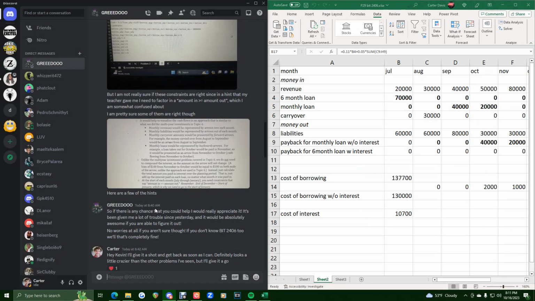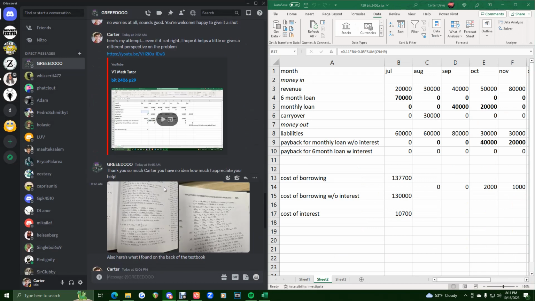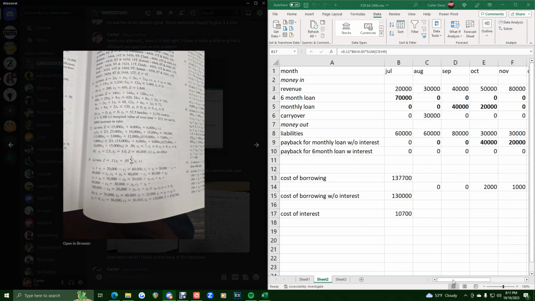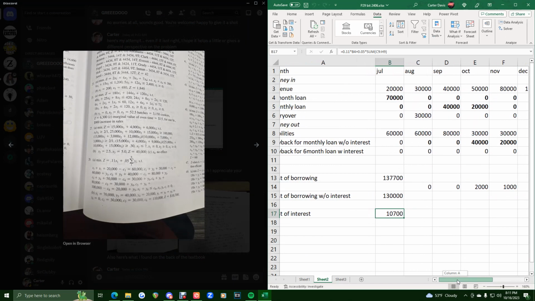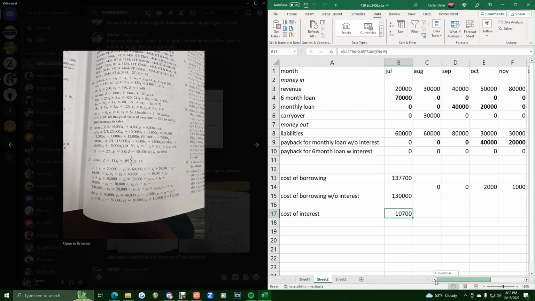So let's check this out and talk about how it matches up here. I started figuring out what they meant by X1 and Y1. Going to the solution here, X1 was 70,000. X1 is the 6-month loan. Y3 is the monthly loan in September. So in the 3rd month, what's the monthly loan? 40,000. In the 4th month, the monthly loan was 20,000.